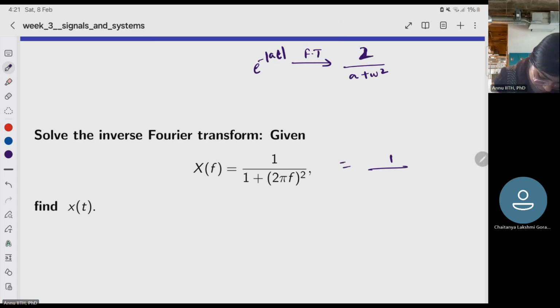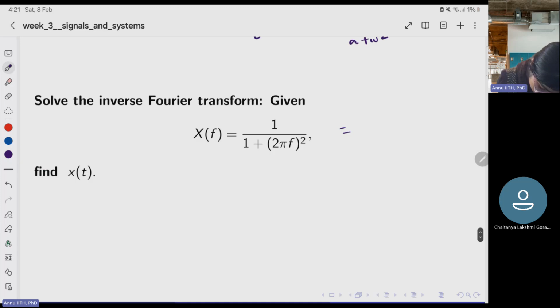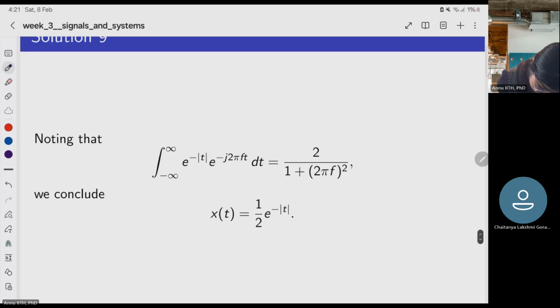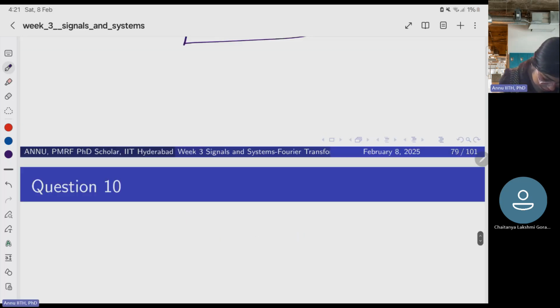So if you say it will have e power, find x(t) is 1 by 2, because this 2 will go here. So 1 by 2 e to the power minus t, using the simple formula.